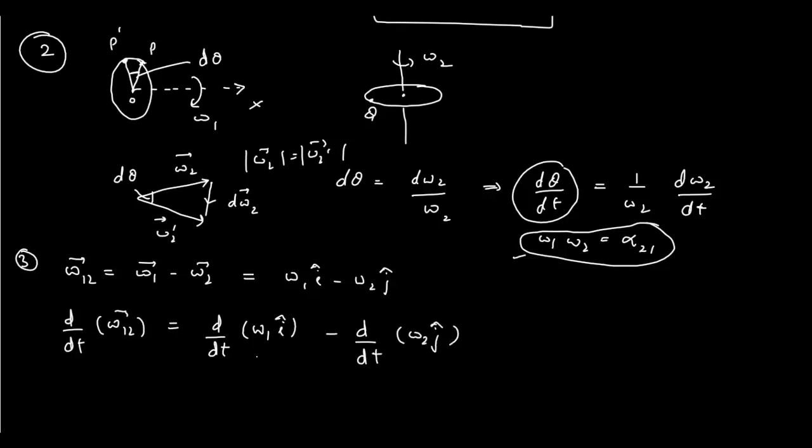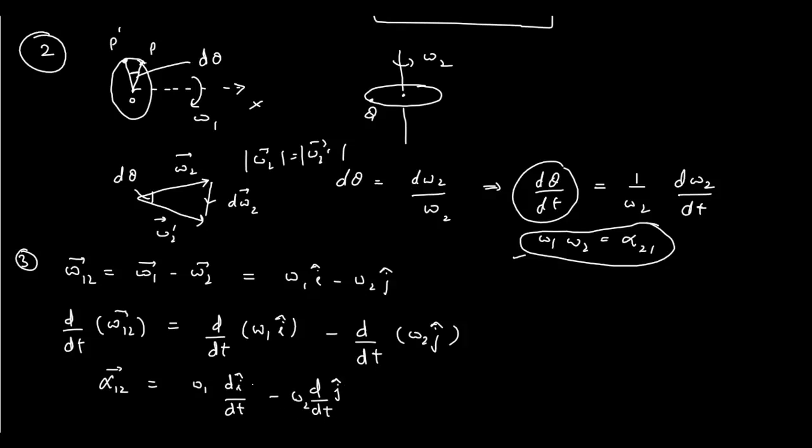Now from here I can write alpha 1 2, that is the relative angular acceleration of 1 with respect to 2, and here omega 1 di by dt minus d by dt omega 2, and here we have dj cap by dt.